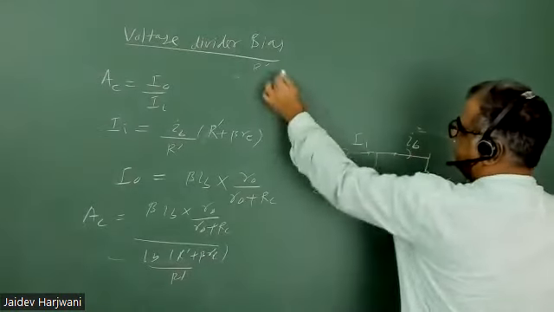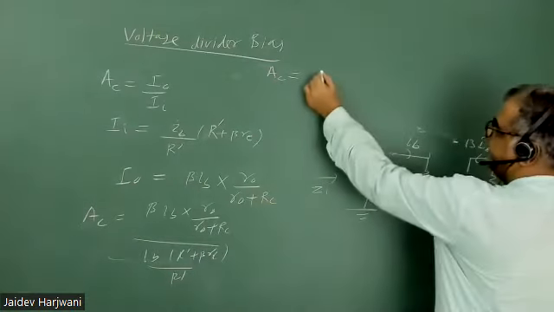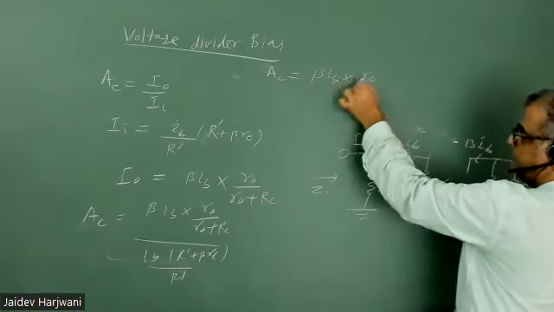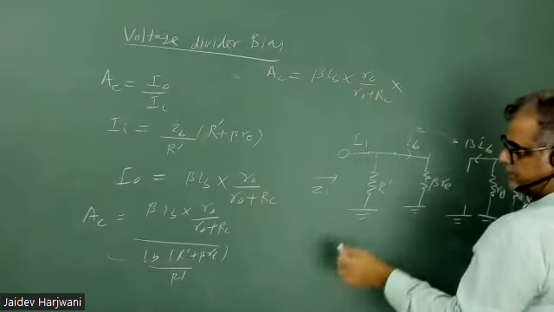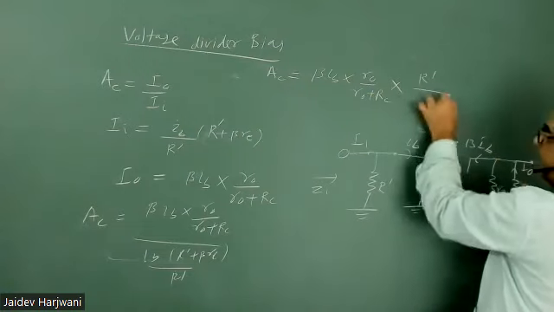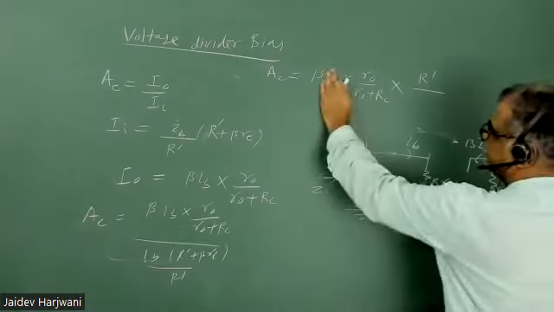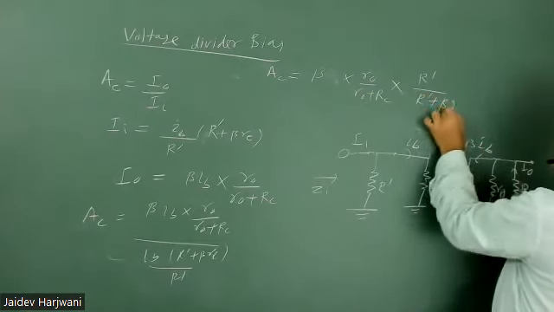So your AC will come: beta IB into R naught upon R naught plus RC into R dash upon R dash plus beta RE. IB will cancel.